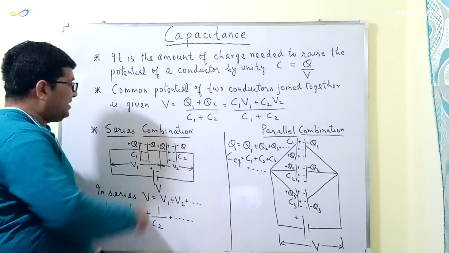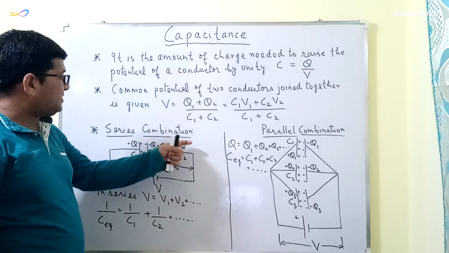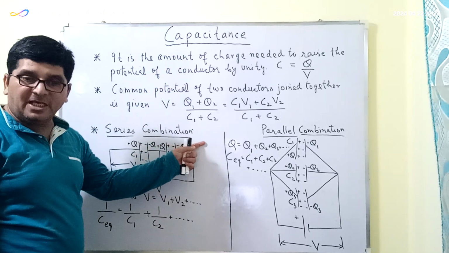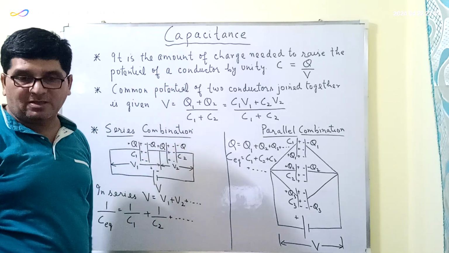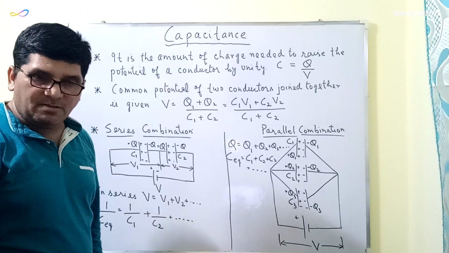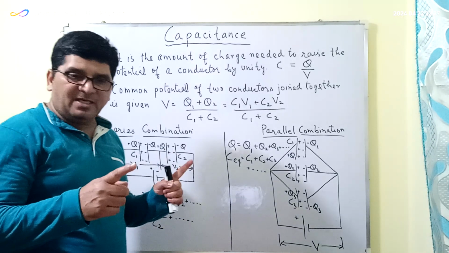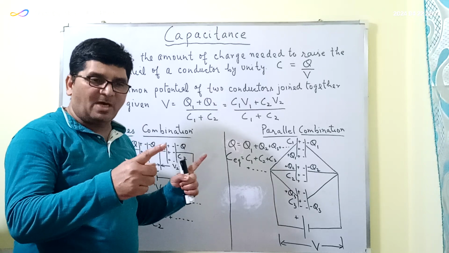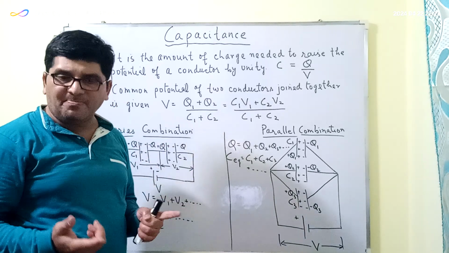Now the third important point is that capacitors normally have a series combination and a parallel combination. If I have two capacitors, I can connect them either in series or in parallel.